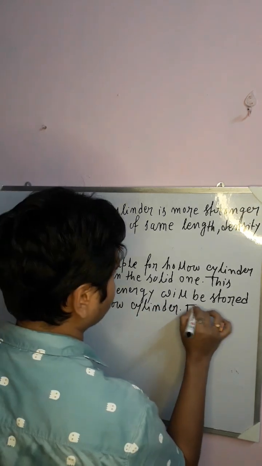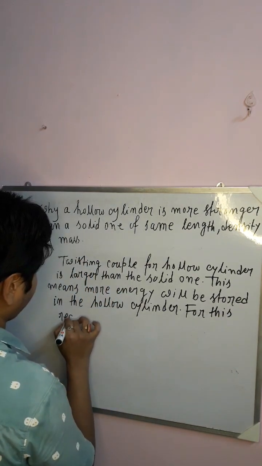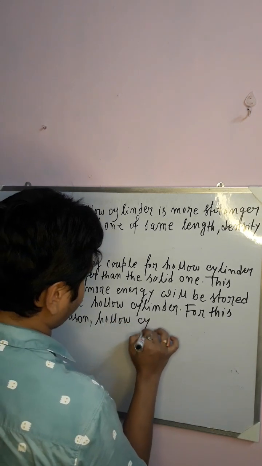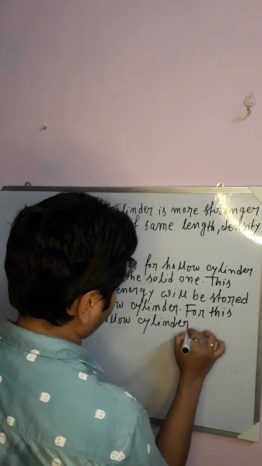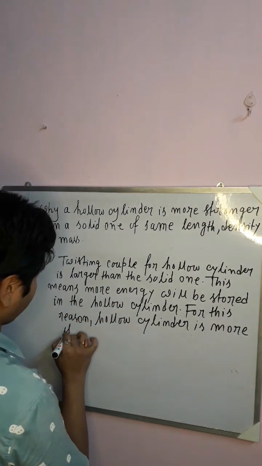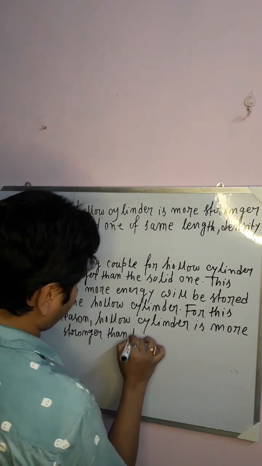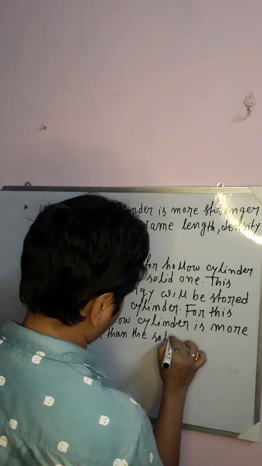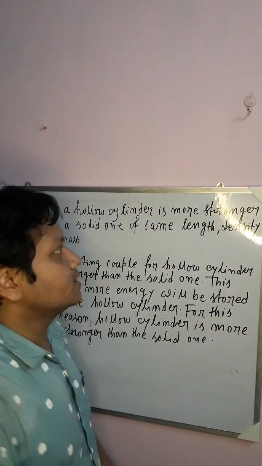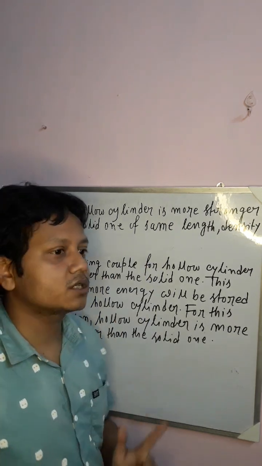For this reason, the hollow cylinder is stronger than the solid one. Okay, so this is basically a conceptual question regarding the torsional rigidity.